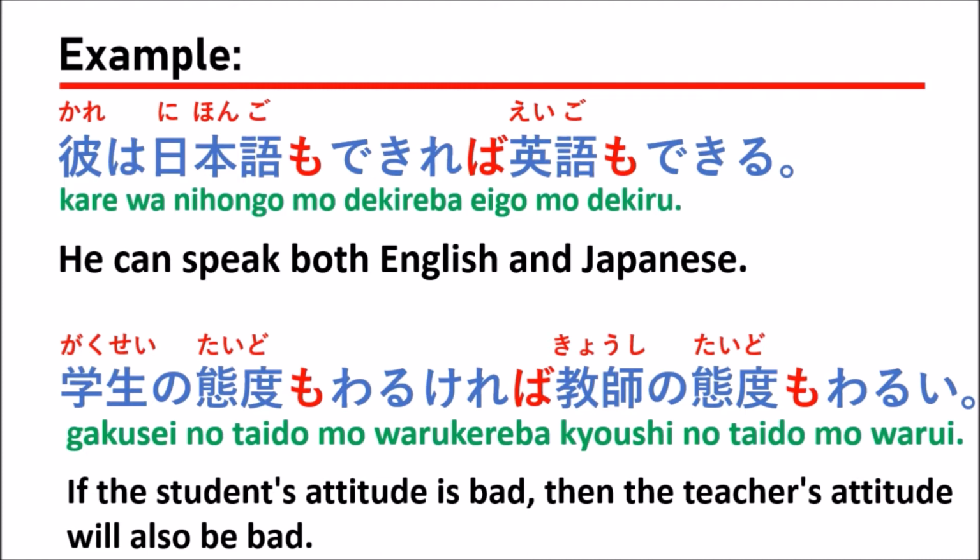Warui means bad, but when we change to the ba form we change it to warukereba. For the adjective, when you want to change to the ba form, you should cut out the い and leave only waru, then add kereba, right? Now we remain with warukereba, and in the end we can say warui, something like this. So this sentence we can say 学生の態度も悪ければ教師の態度も悪い.